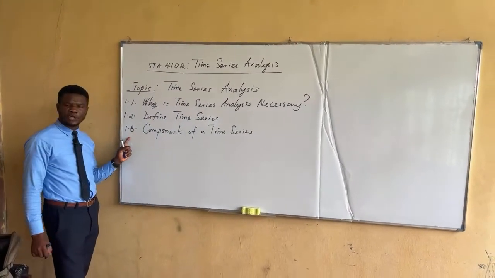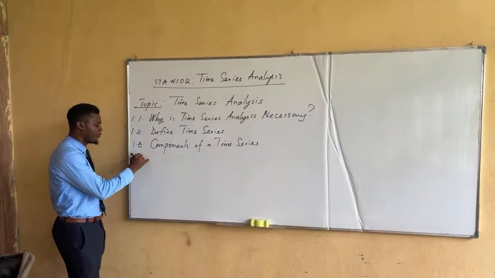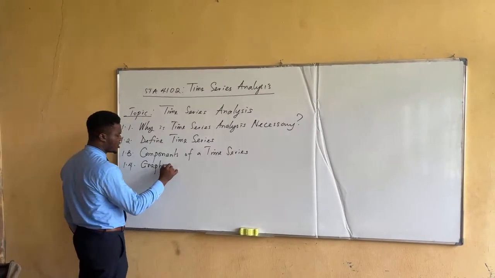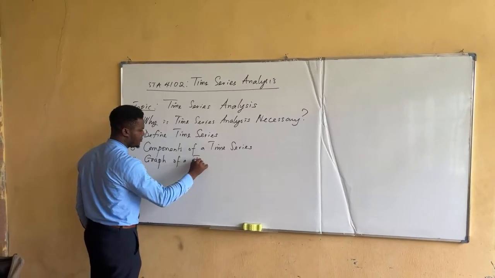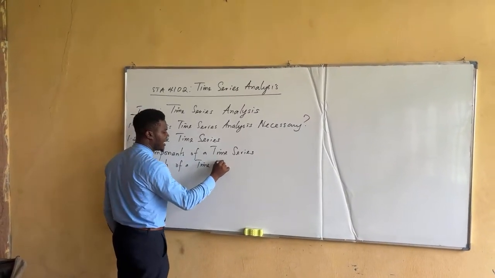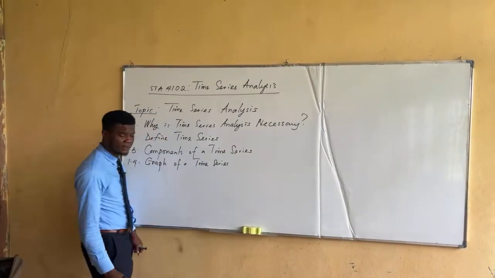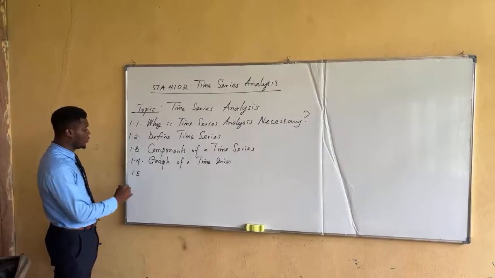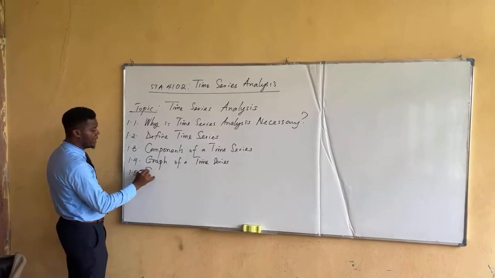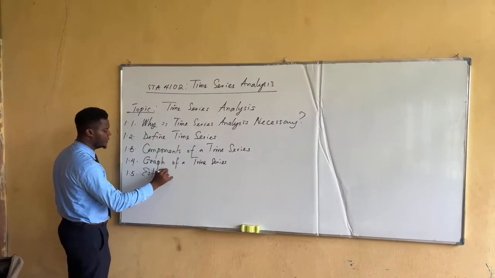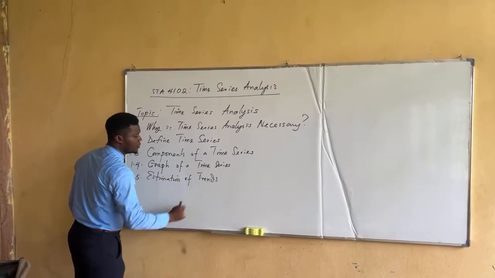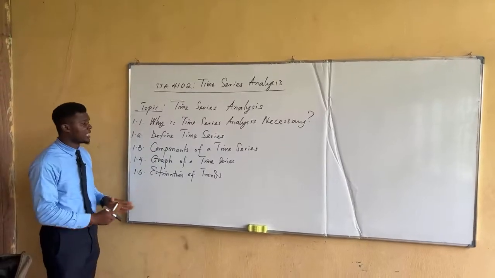Then, once we are done with that, we would move over to 1.4, where we will discuss the graph of a time series data. Then 1.5, we will look at estimation of trend. So these are 5.